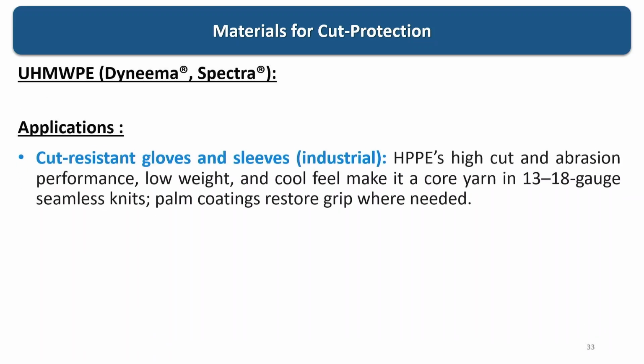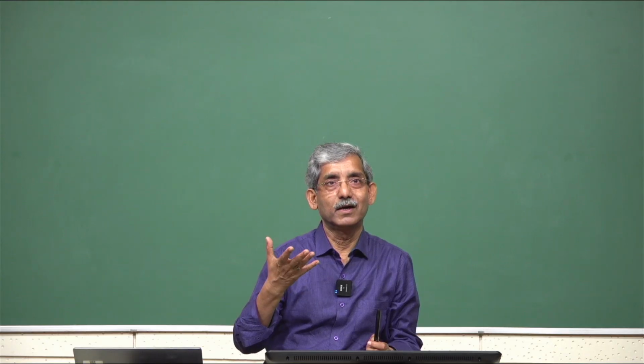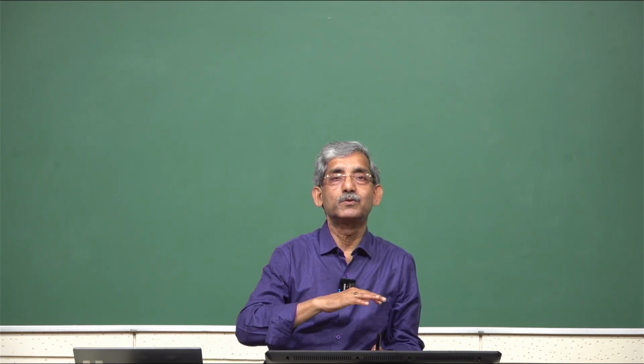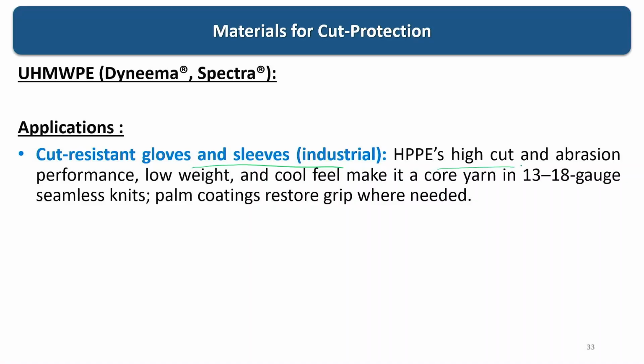The applications are cut resistant gloves and sleeves. These are used for outdoor applications, and as it is very inert, its friction is less, so we have to use a coating also. HPP has high cut resistance and abrasion performance, low weight and cool feel because of the lower density.